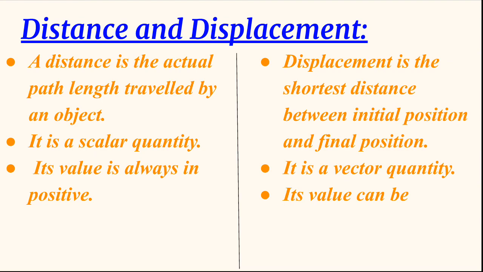So distance is the actual path length traveled by an object. Means whatever path the object has traveled, that path's length, if he travels 2 kilometers, then 2 kilometer will be its distance, and it is a scalar quantity.